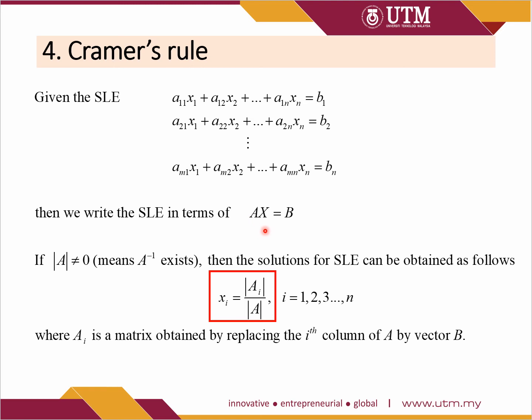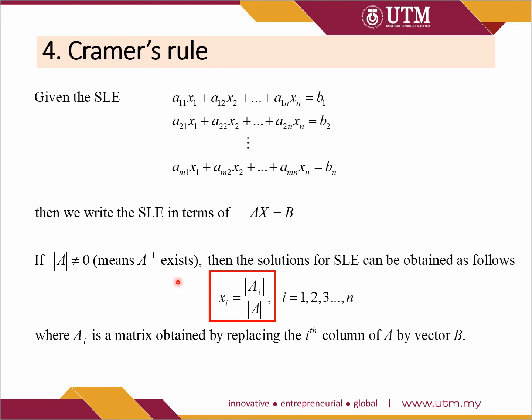Our x is the variables x1 up until xn, and b is the matrix of constants b1 up until bn. From here, if the determinant of matrix A is not equal to 0, it means that we can find the inverse matrix, or the inverse matrix of A exists.